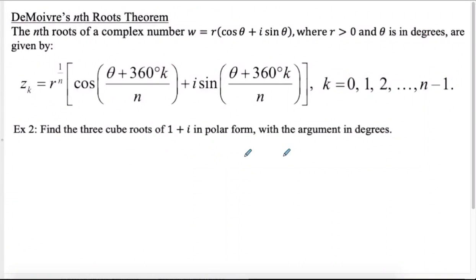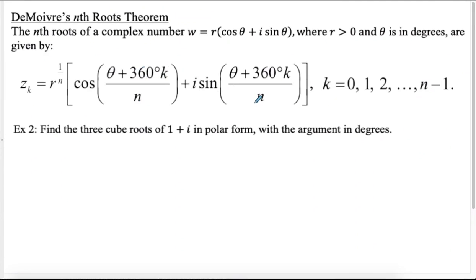So for example, in this one, we're going to find our cube roots, so my n value would be 3. That means I'm going to plug in values of k of 0, 1, and 2, everything up to n minus 1. So I'm going to find 3 different values in this case, and I'm going to do theta plus 360 times k divided by n to get the angles inside here.